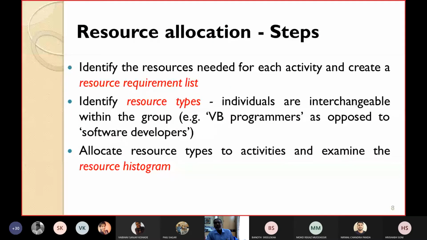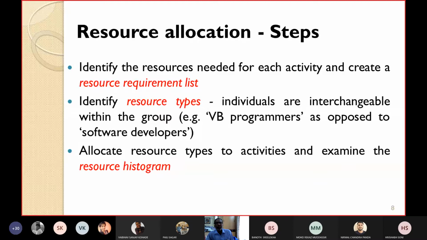So individuals within a group are interchangeable. For example, the Visual Basic programmers as opposed to software developers. If there is a VB programmer and a C programmer, they cannot be interchanged. But if there are 2-3 programmers working on VB, they can be interchanged. The C programmers can be interchanged. So for example, VB programmers as opposed to the software developers.